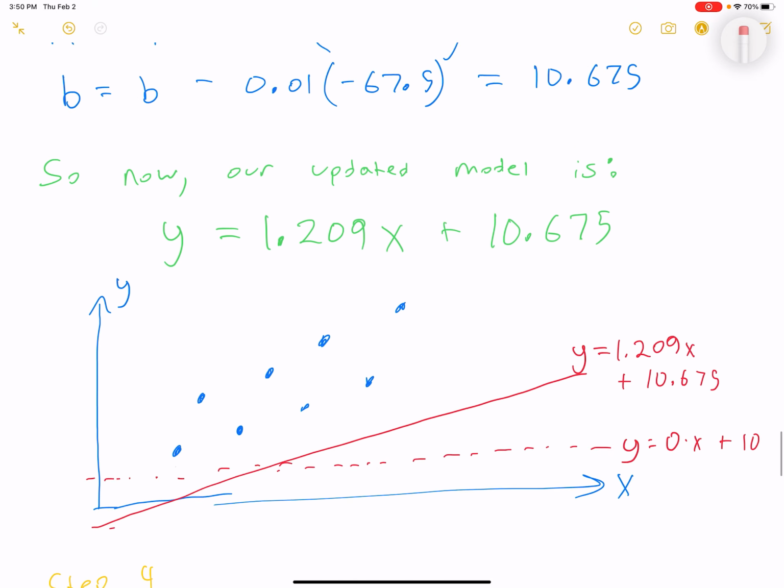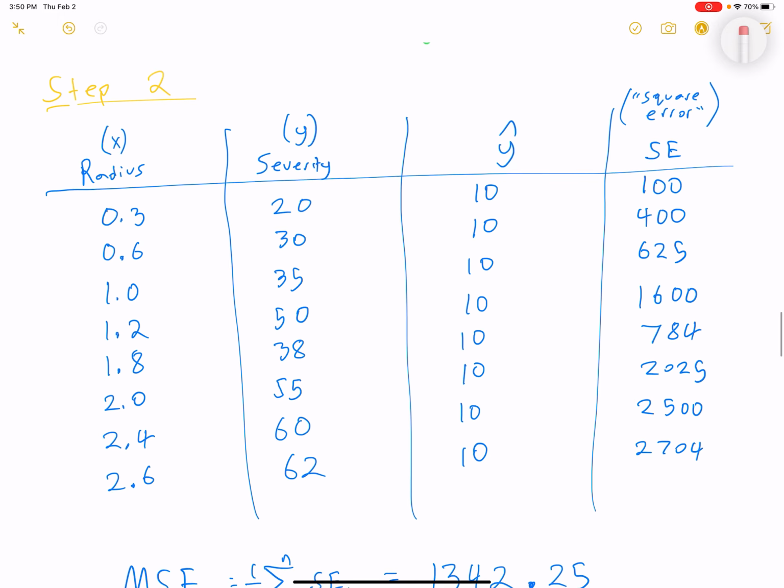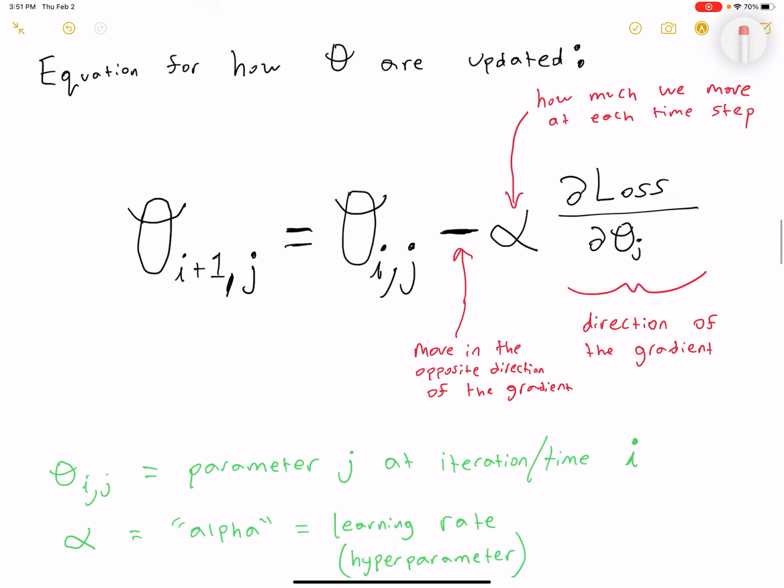And then the last piece is, when you found m and b, how did you find that? What did you plug in for m and b there? So I used this central equation of gradient descent, which is how gradient descent works. Intuitively, you're updating each parameter in the opposite direction of the gradient, multiplied by the learning rate, which tells you how big of a jump you should make.